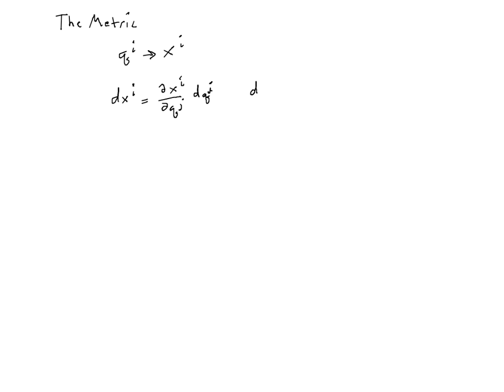Another way of writing this is that the vector dx is equal to some other vector, which I'm going to call epsilon, times dqj, where this epsilon is equivalent to taking the derivative of the vector with respect to the generalized coordinates.